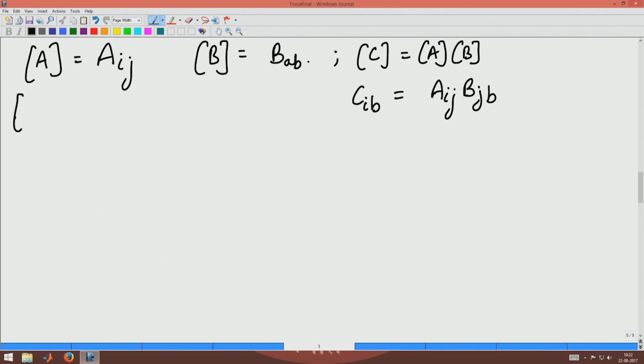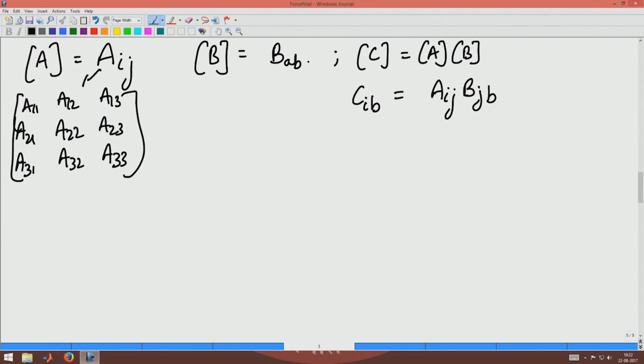So, A would be written as A11, A12, A13, A21, A22, A23, A31, A32, A33, right. This is what this means.